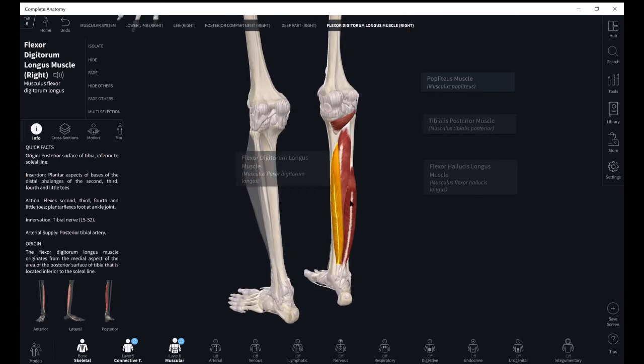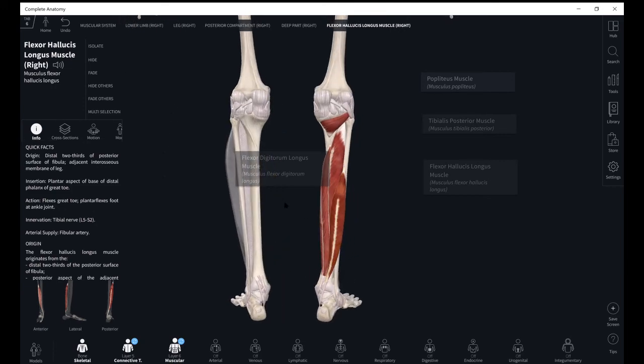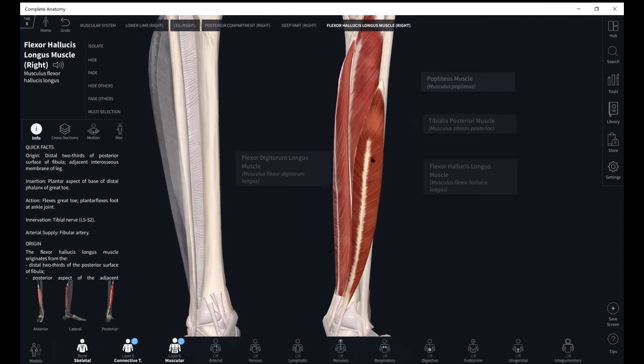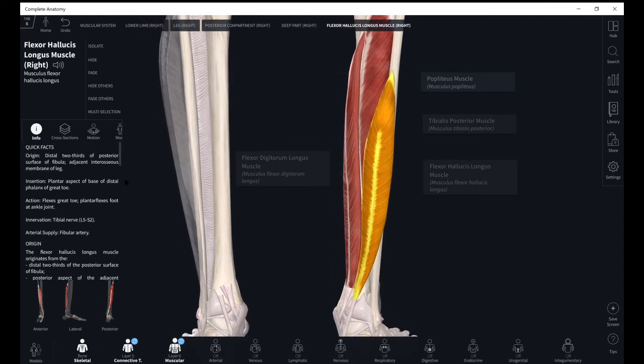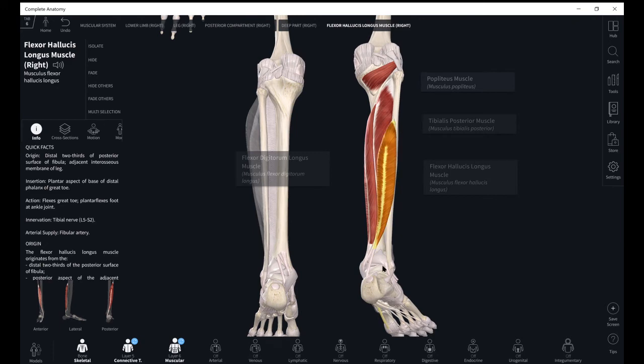We move laterally for the flexor hallucis longus. Here our origin is going to be the distal 2/3 of the posterior surface of the fibula and the adjacent interosseous membrane of the leg. It inserts in the plantar aspect of the base of the distal phalanx of the great toe.